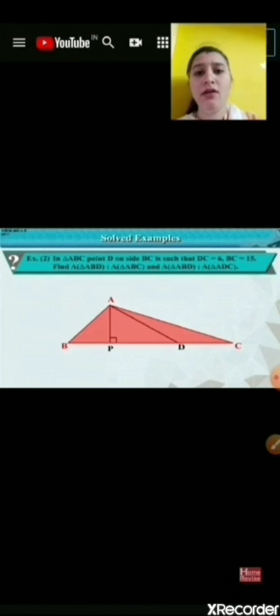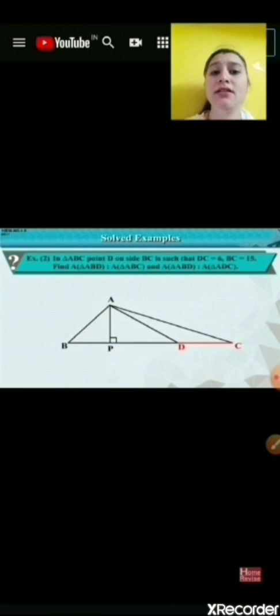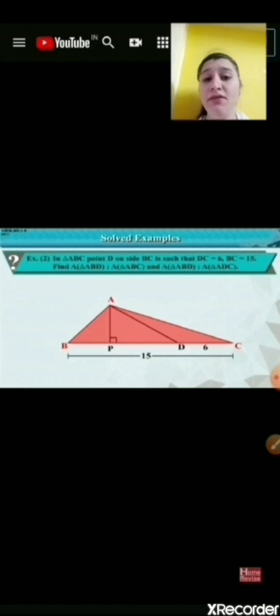In triangle ABC, D is on the side BC in such a way that DC is 6, BC is 15. Find area of triangle ABD and area of triangle ABC. Two ratios are given here when I am talking about this triangle. BC full is given as 15, where DC is given as 6, right?